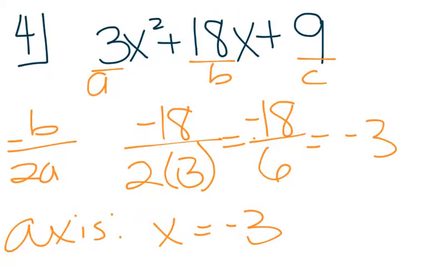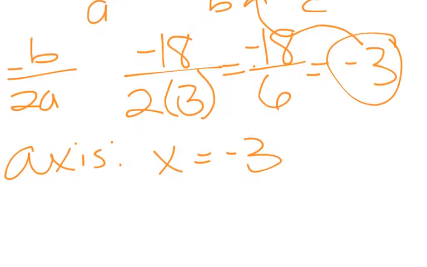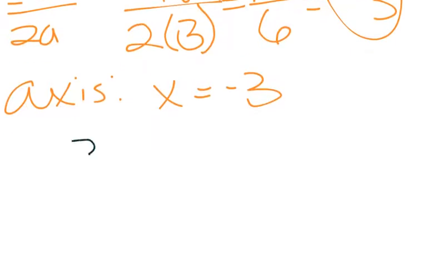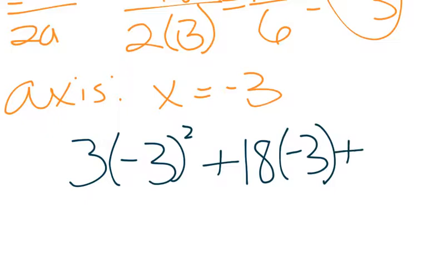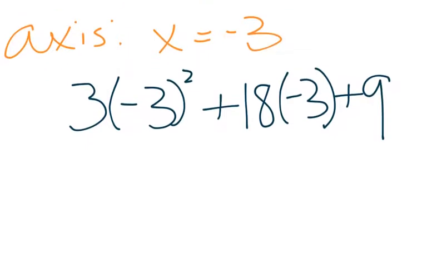Now in order to find our vertex, we're going to plug this in for x. So we have 3 times negative 3 squared plus 18 times negative 3 plus 9. So negative 3 squared is positive 9, which times 3 is 27.